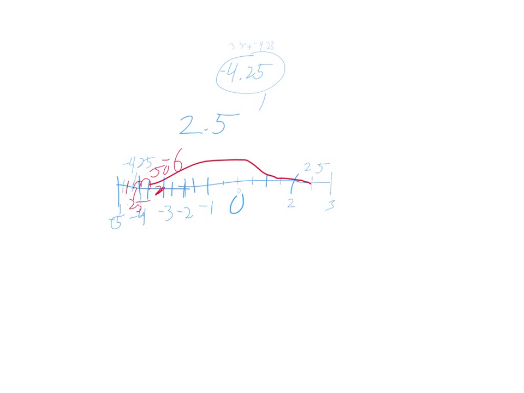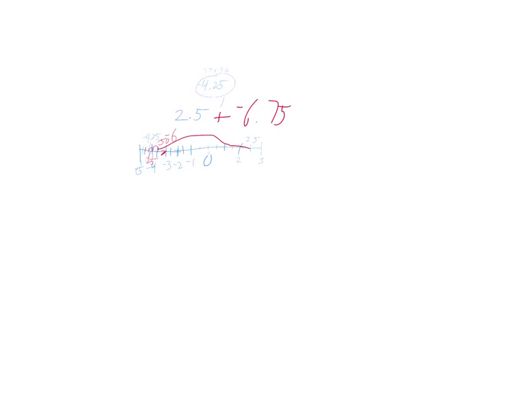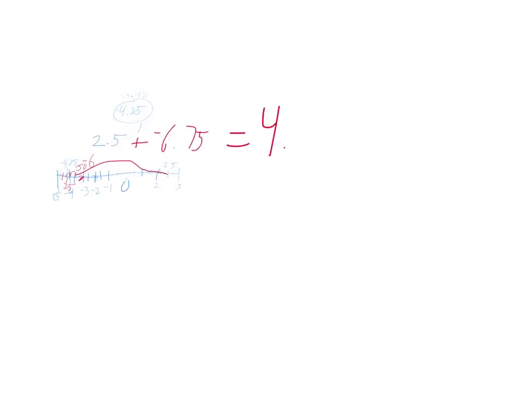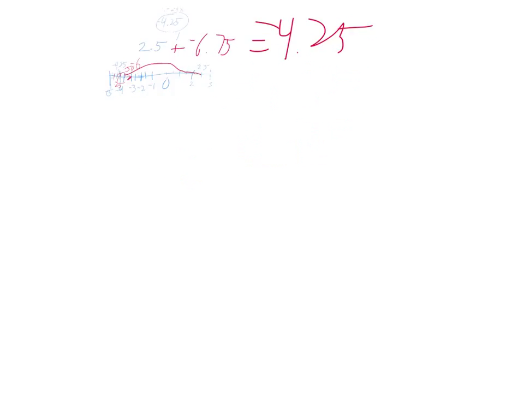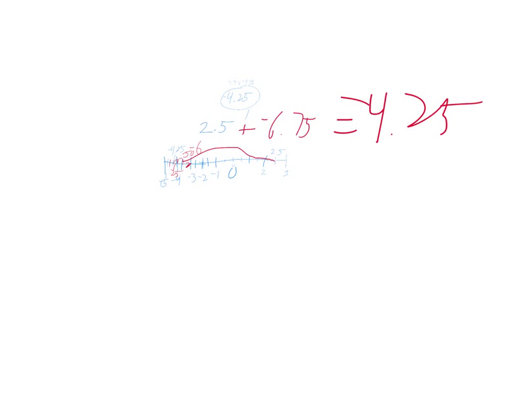So 2.5 plus negative 6.75 should equal negative 4.25.